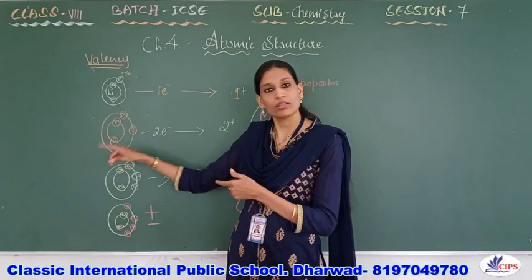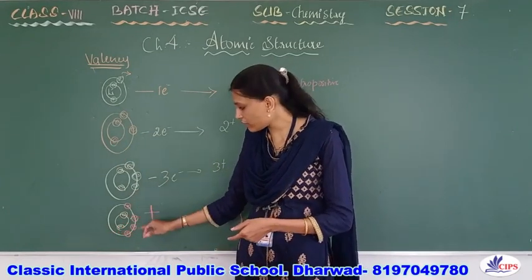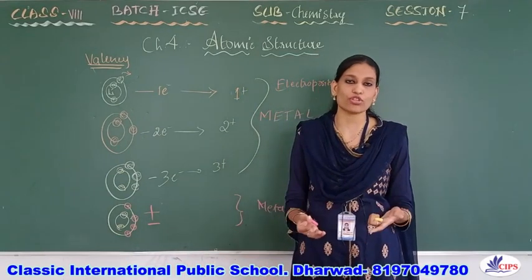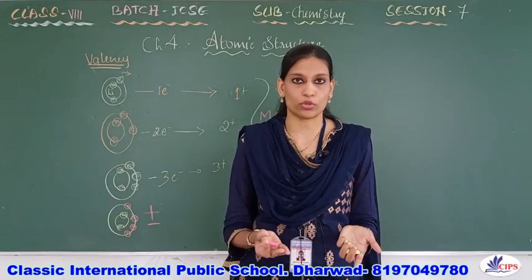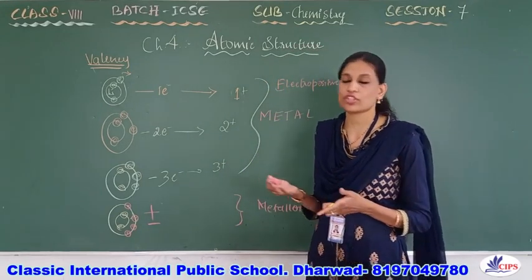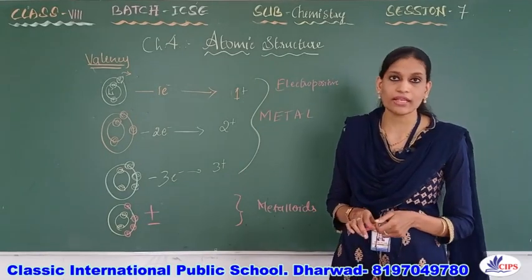So either it can gain or it can lose. So either it can take 4 electrons from the other atom, or whatever 4 electrons are in its outermost shell, it can gain or lose. It can do both. Such atoms which have both properties, we call them metalloids.